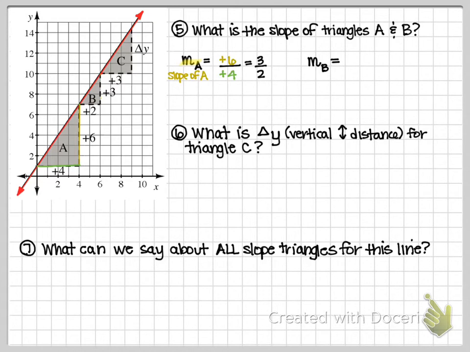Now, why don't you take a minute and see if you can do the slope for triangle B. While you're working, I'm going to start working through it so you can check your work as you go.